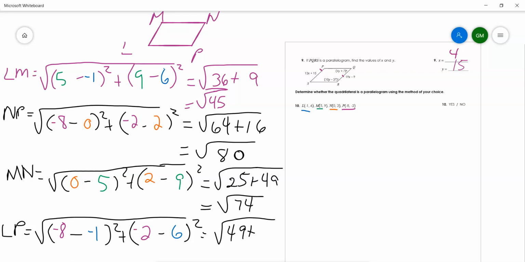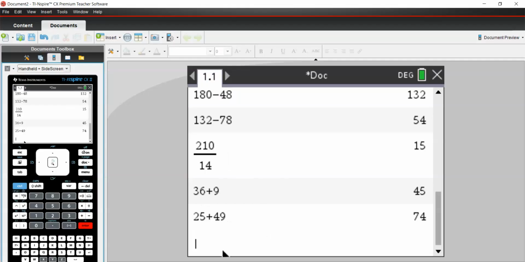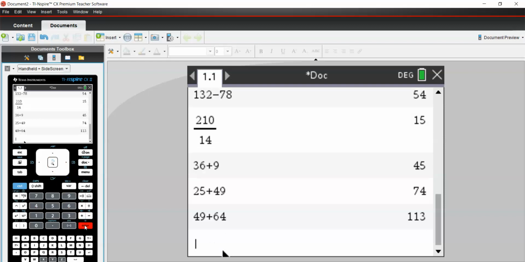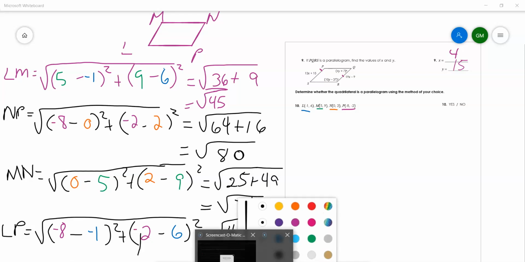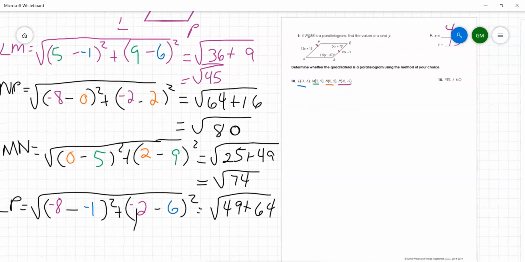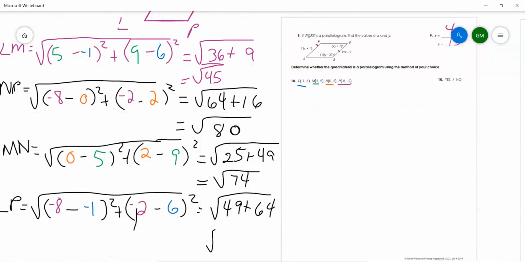And then -2 minus 6 is -8, squared is 64. And 49 plus 64 is 113. So what we can see here is that none of these sides are congruent, so we can determine that no, this is not a parallelogram.